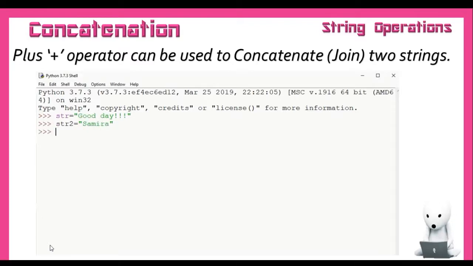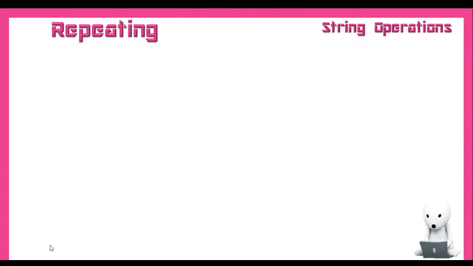Let's join these two strings into a third string, say str3. str3 is equal to str plus str2. Let's see, str3 contains 'good day Samira'. Both the strings are connected.